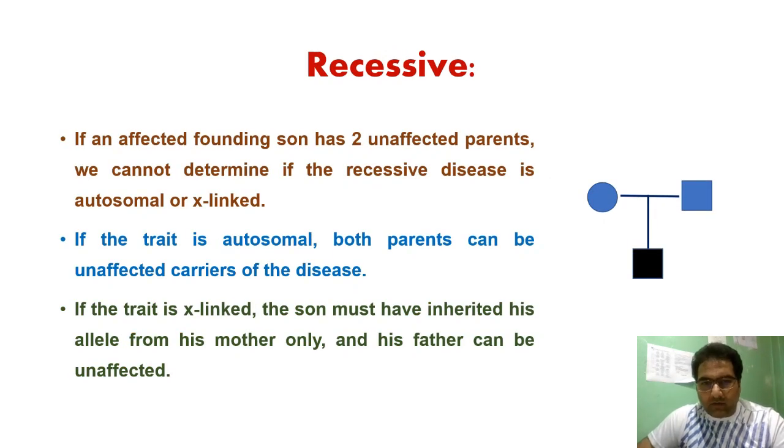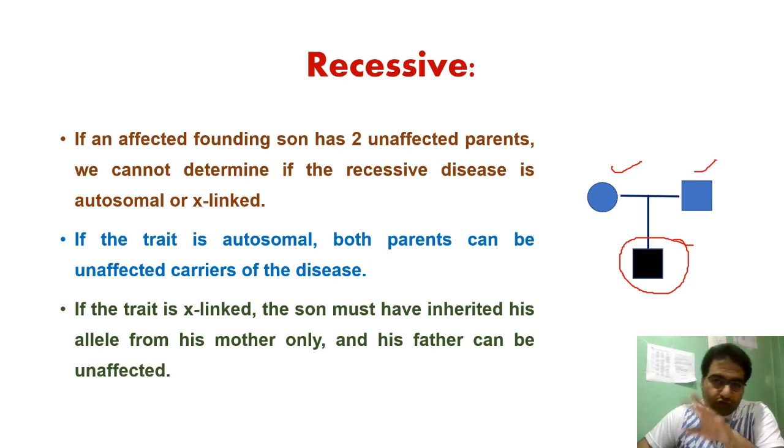Now here again, we see that this male child has both parents unaffected. Here we cannot determine if the recessive disease is autosomal or X-linked. In the case of a girl child, it is obvious that it cannot be X-linked.